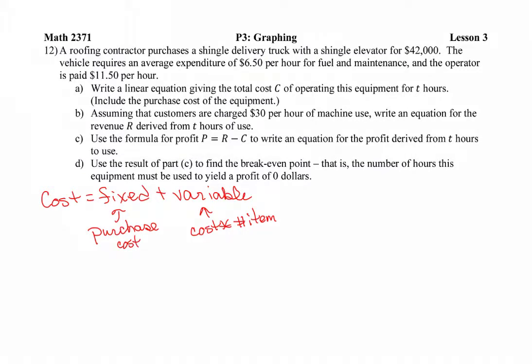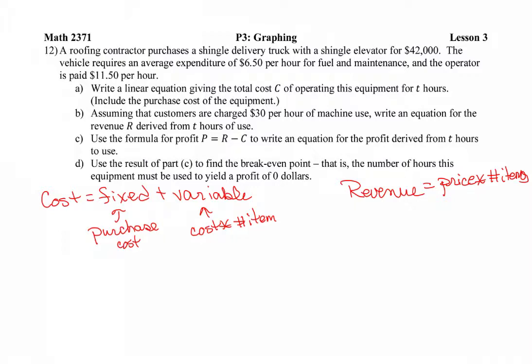And revenue is the price times the number of items. Okay? So then, for part A, now let's read our question. A roofing contractor purchases a shingle delivery truck with a shingle elevator for $42,000.